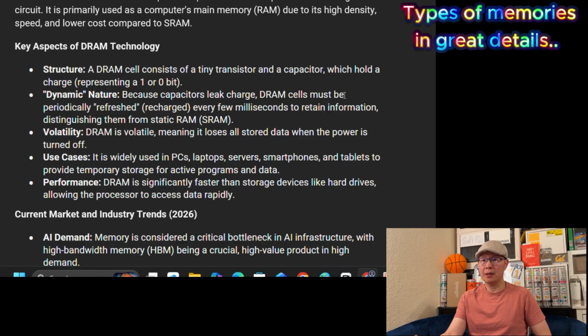Okay, volatility. DRAM is volatile, meaning it loses all stored data when the power is turned off. See? But MRAM does not have this problem. MRAM has all the characteristics of DRAMs, but MRAMs also retain all the information and data even when power is turned off.